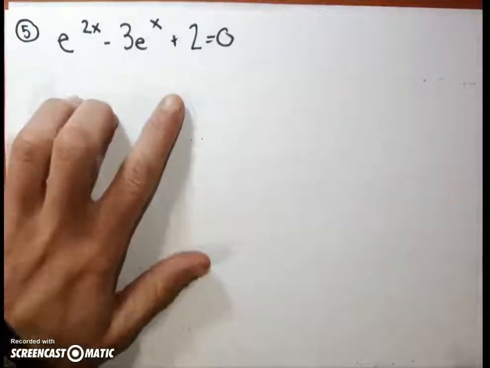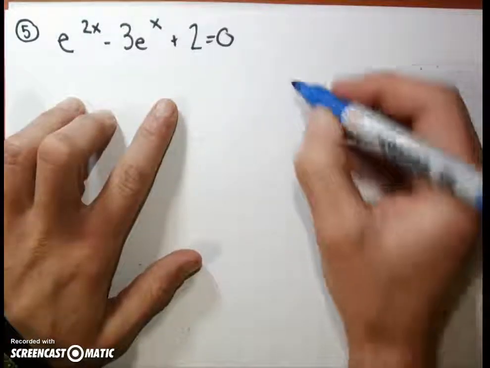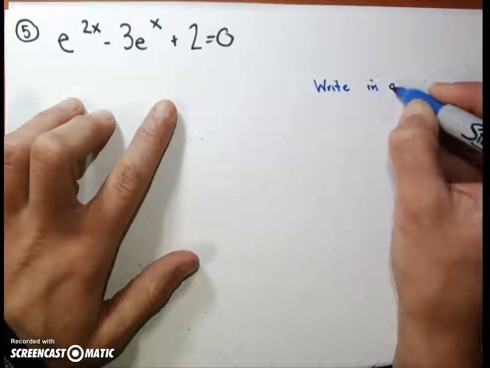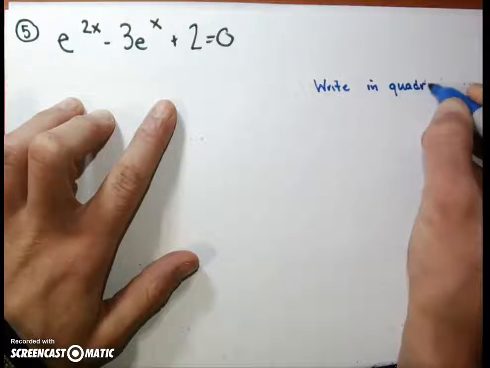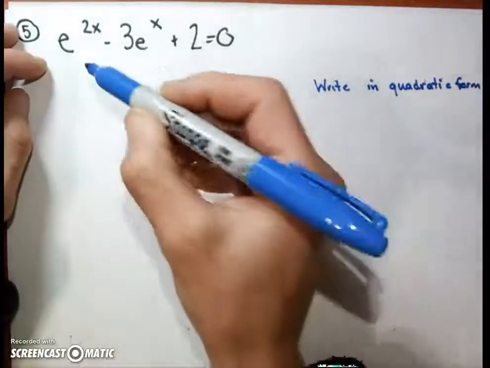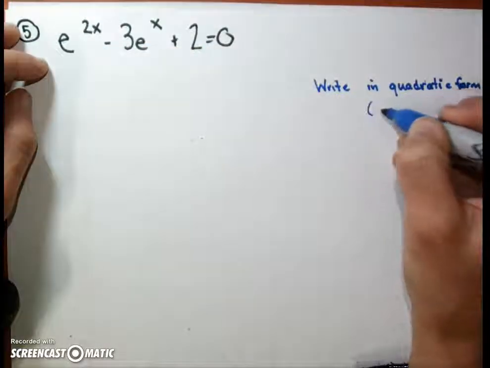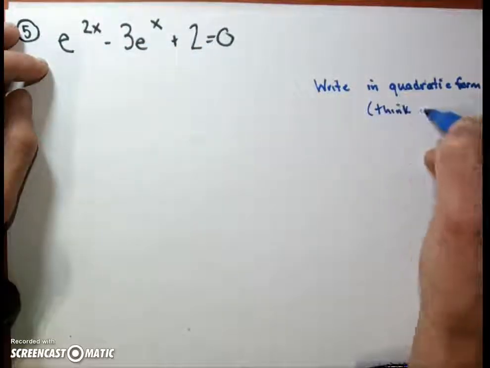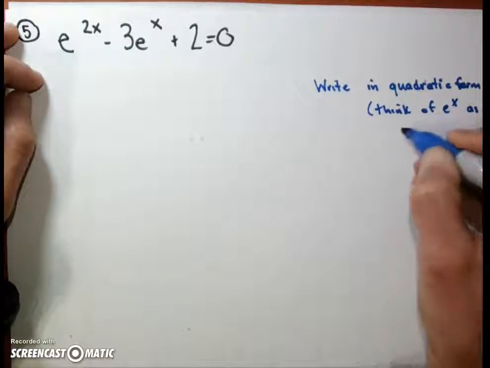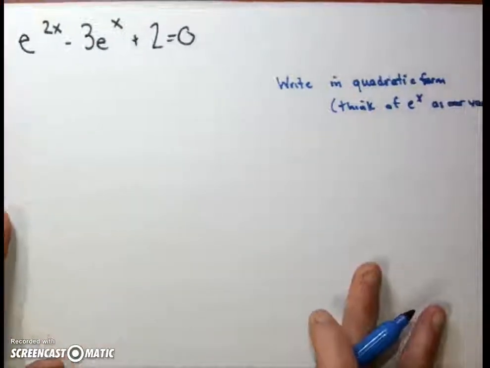So if this is my original equation, the first thing I'm going to do is write it in quadratic form. So the way I want to think about this is think of e to the x as our variable. And we'll try to solve for e to the x first, and then we'll take a log of both sides at the end.